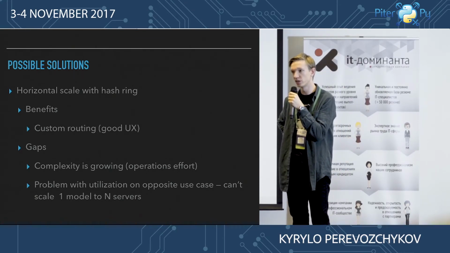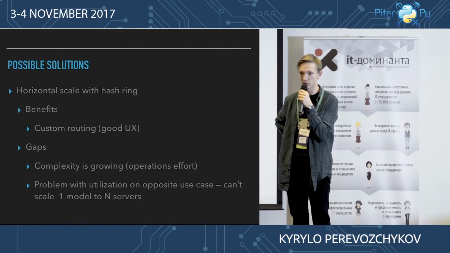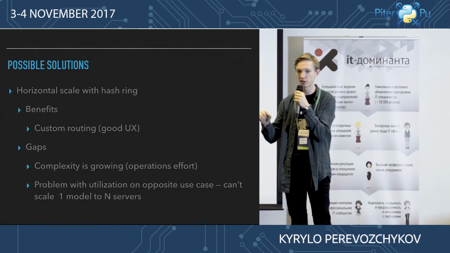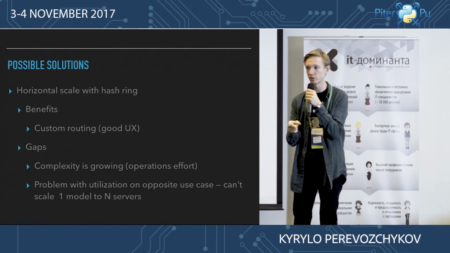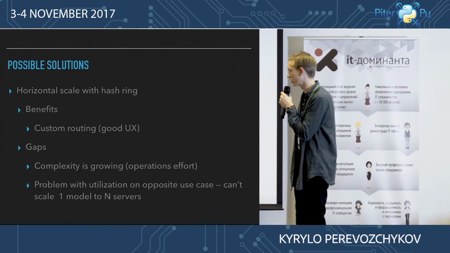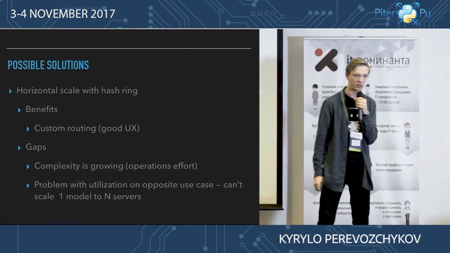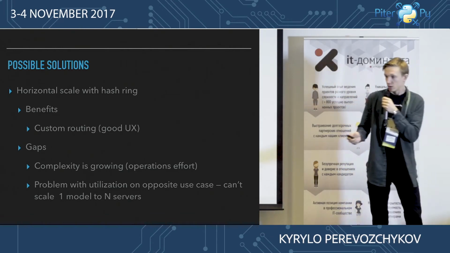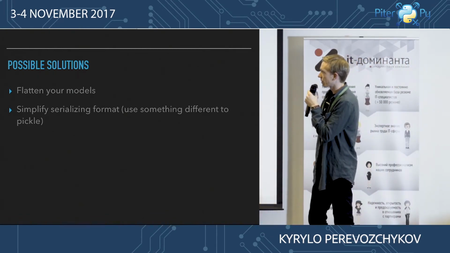I need one model for 4 servers, but that's not how hash link works. They just take a certain virtual cluster, and it cannot scale one model to different servers. So the opposite case does not work.